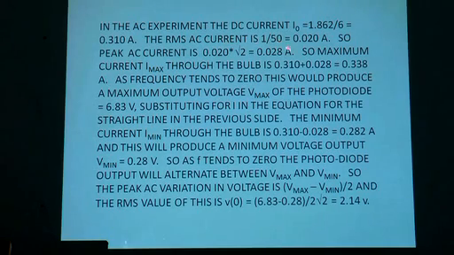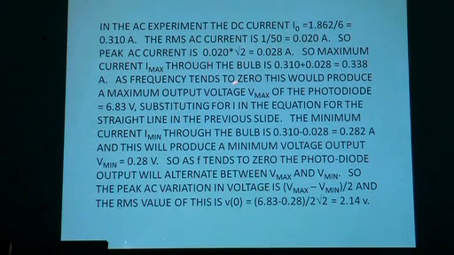If RMS is 20, the peak AC current will be RMS into root of 2, that is 28 milliamperes. So this AC current is superposed on the DC. Therefore, the maximum current through the bulb is the DC plus peak AC, that is 0.338 amperes.